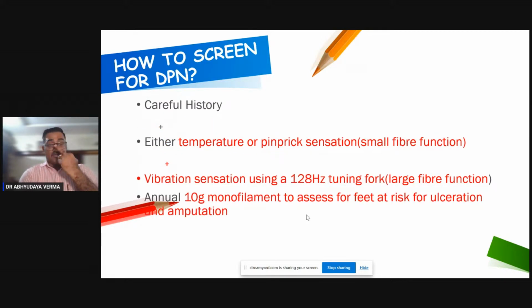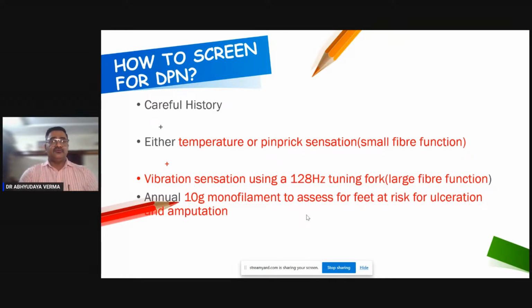The diabetic retinopathy also we have seen, the diabetic neuropathy we have seen. And now we come to the screening, how we can see this by temperature or pinprick sensation and vibration sensation also, and annual 10-gram monofilament also to assess for the feet at risk for ulceration and amputation. So these are very simple things.